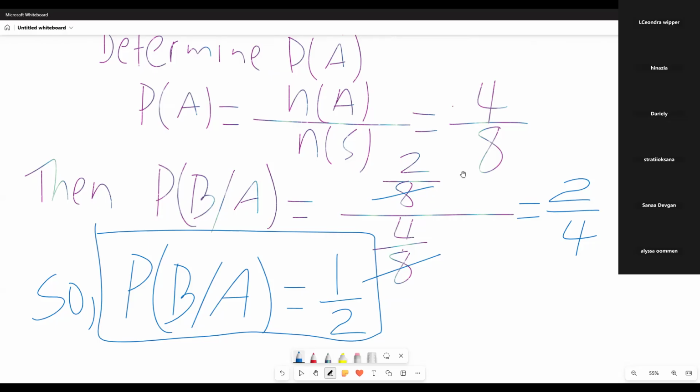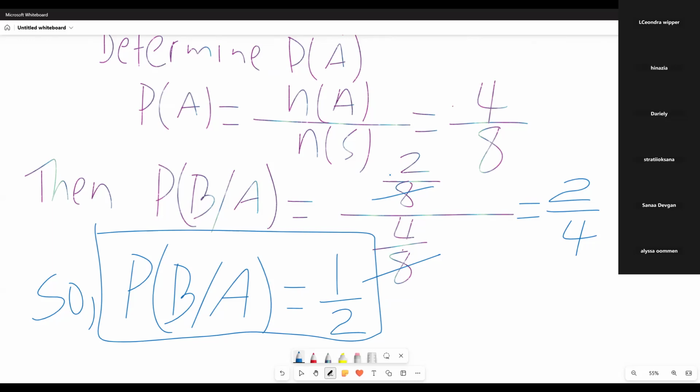Is this clear to everybody? Yes. Are you done? Not yet. P of A is n of A over n of S. n of A, we found that before, was 4. n of S is 8.